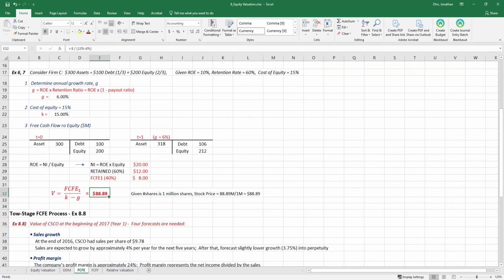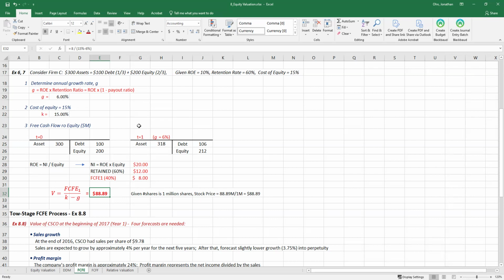So if you have 1 million shares, the stock price will be 88.89 million divided by 1 million, which is $88.89. That's the per share stock price, right?